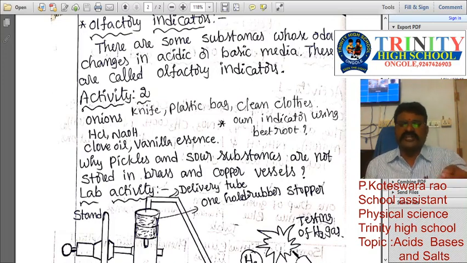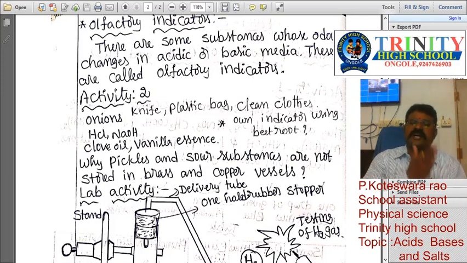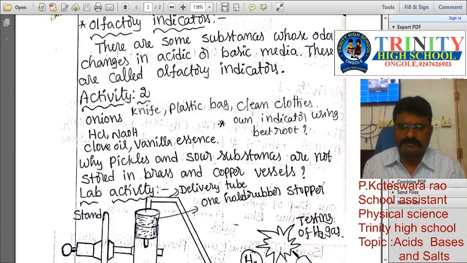What we did, we can recall one more time. First of all, we take onions and chop them into small pieces with the help of the knife. Then the pieces are placed into a plastic bag.